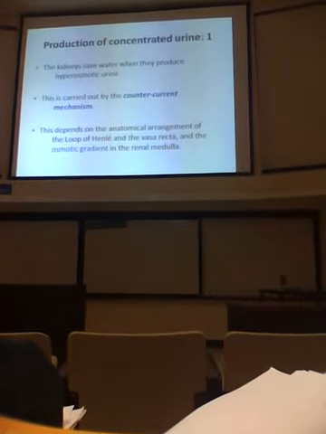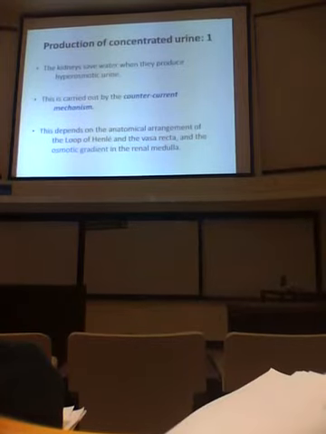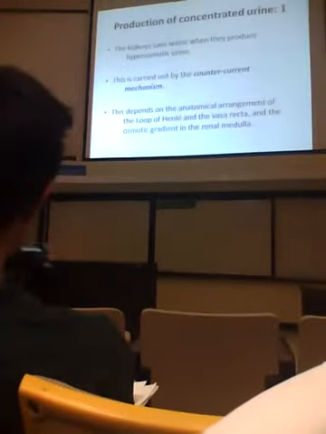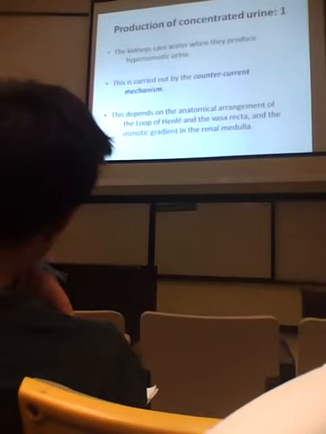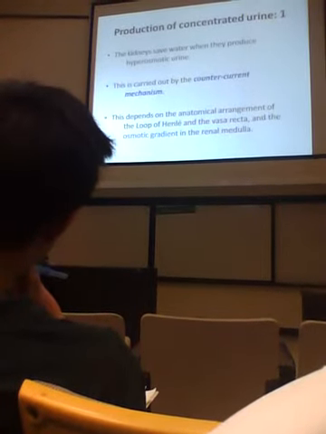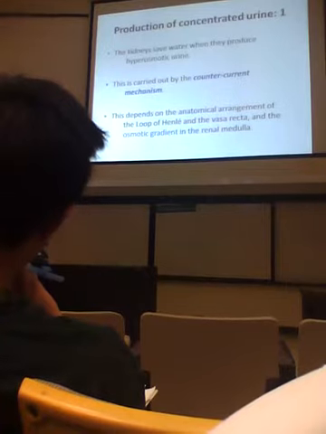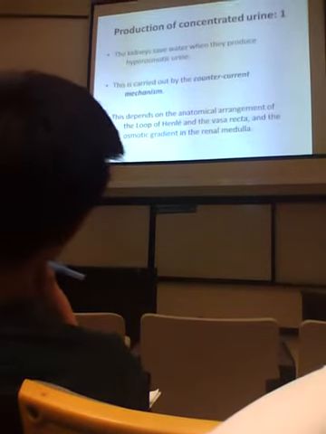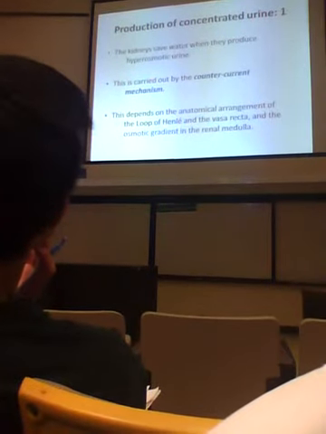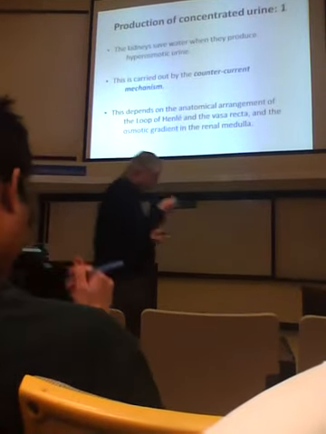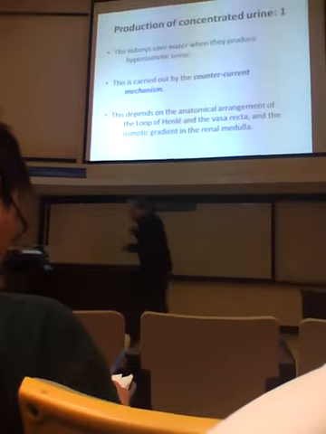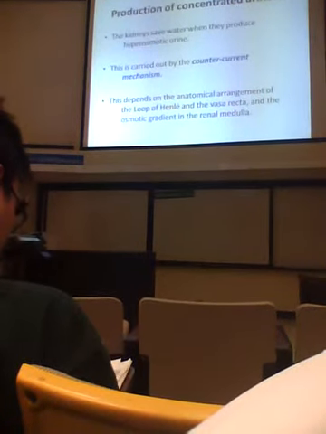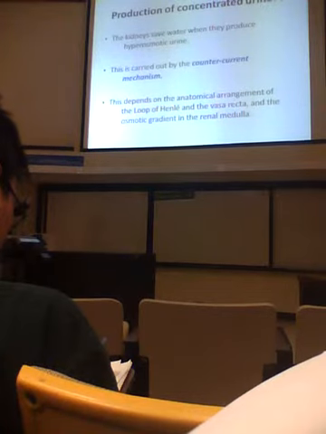And the interaction between these flows multiplies heat in the system. Now, we're not multiplying heat in the system. What we're multiplying is sodium concentration. So a countercurrent multiplier, you could put a countercurrent multiplier there, enables you to concentrate sodium. Why is this important? Well, it depends on this anatomical arrangement of the loop of Henle and the vasa recta.